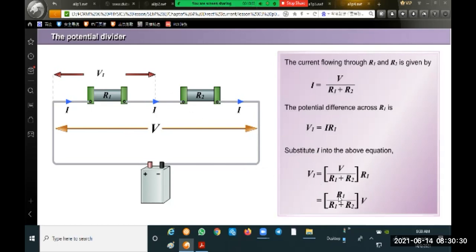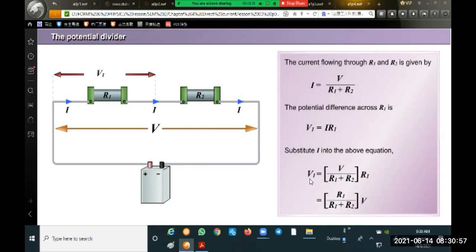So we use that to find V1. We use the ratio of R1 over the effective total resistance times V, the total potential difference. This means that we get V1.